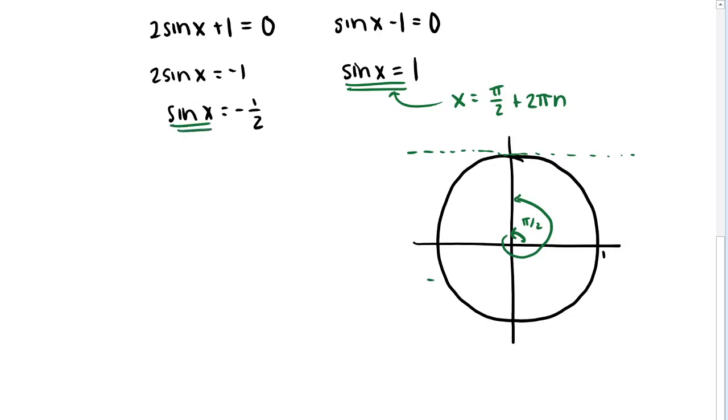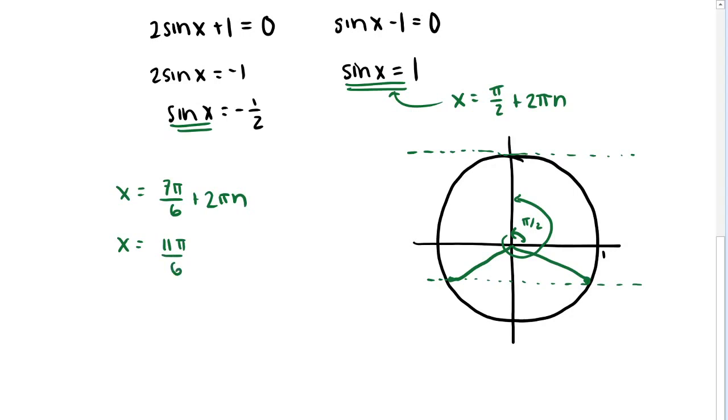That's asking what angles give us a y value of negative 1/2 on this unit circle. Well, that happens at these two positions here. And so one occurs when our x variable is 7 pi over 6, or all coterminal angles. And another solution occurs at 11 pi over 6, right?